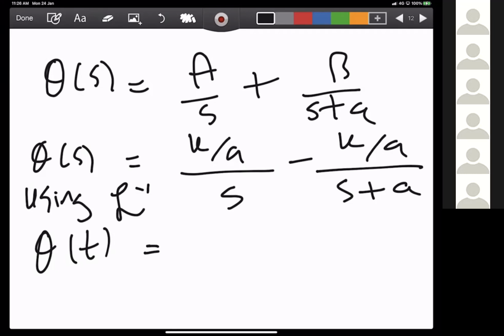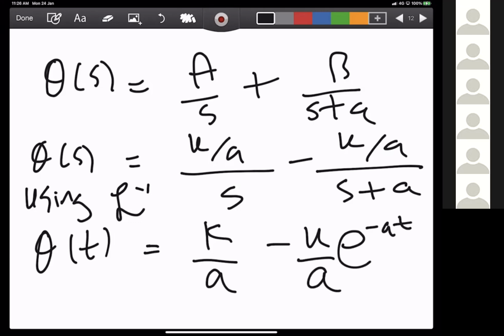Awang? Can't hear, louder. Inverse Laplace? Okay. K over A minus K over A exponential of negative A t.